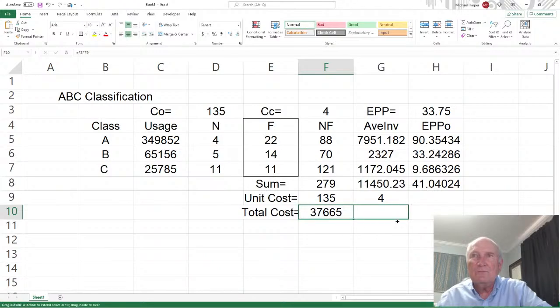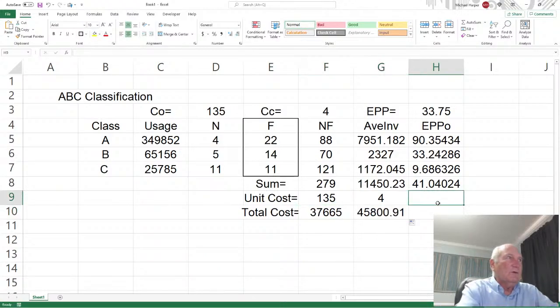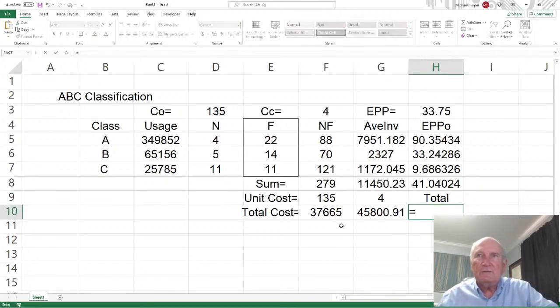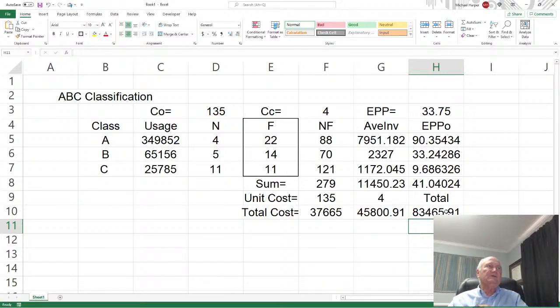Bring this over, and then we get the grand total, which is equal to this plus this, and that's going to be the cost of this policy. Okay. Now, that's the first two questions.